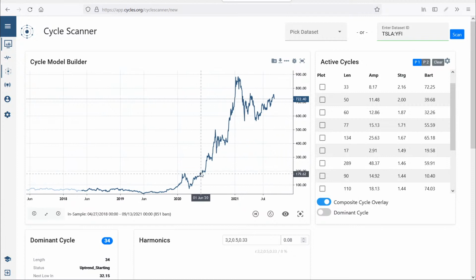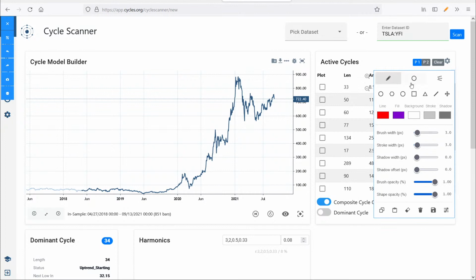If we have a closer look, what is your input for this analysis? That's the dark blue area here, starting in May 2018 up to today's date. What you see is a flat line, and then a very strong uptrend or parabolic move starting here.